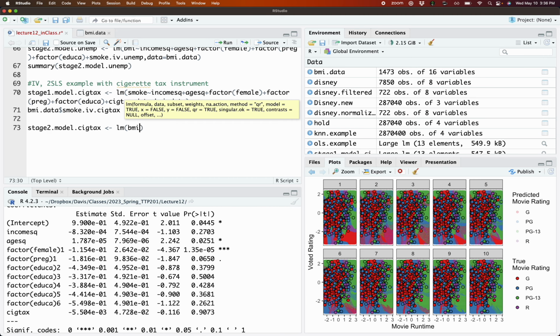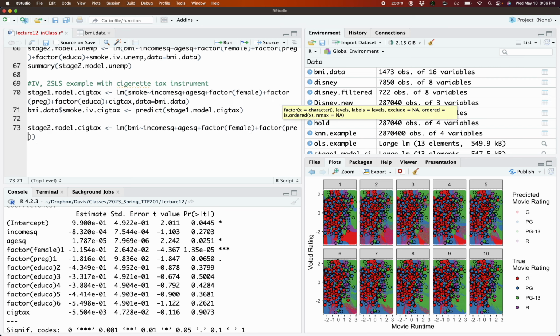Okay, so let me finish this up. I'm sorry, you said we know it's because of which value in that summary? So the whole idea is that you're getting this relationship between your instrument and your causal variable. And that's what's being shown here, our first stage, where we run the regression on smoking.